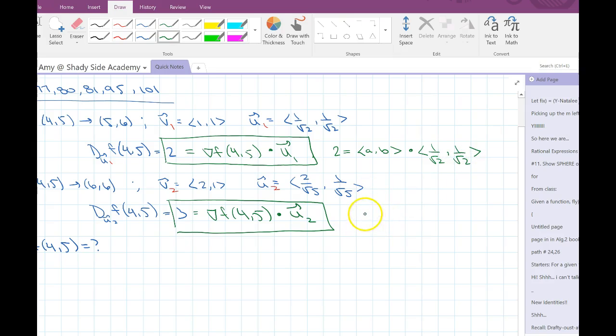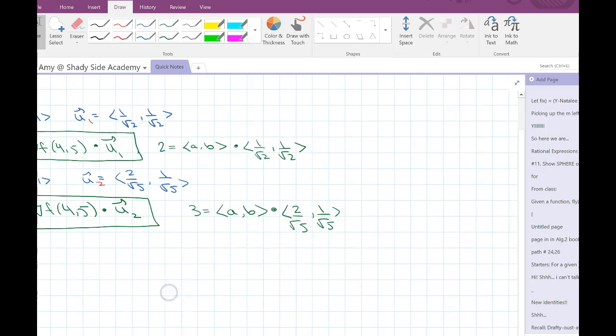And this is the same thing as 3 equals a comma b dotted with 2 over radical 5 comma 1 over radical 5. All we're going to do is solve for a and b, and that is easy because applying the dot product gives us this equation, and applying the dot product here gives us this equation.